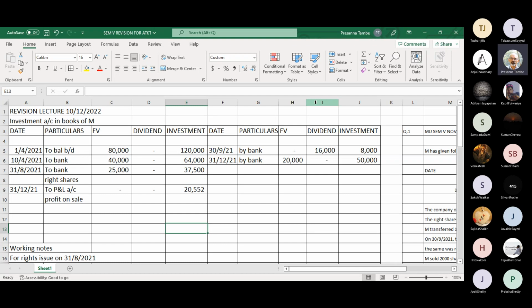Now this is the end of the year, so we will have to close both the dividend account as well as the investment account. So let's do the total part. First we'll close the dividend account.